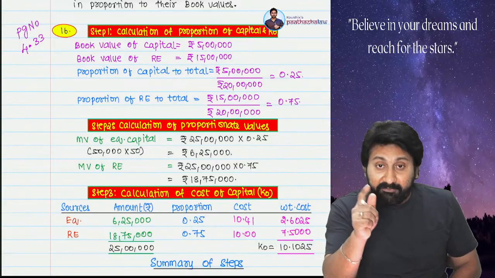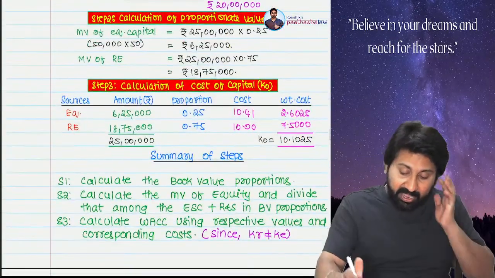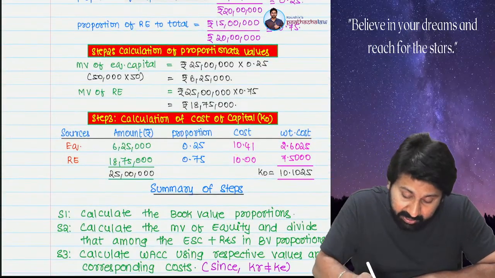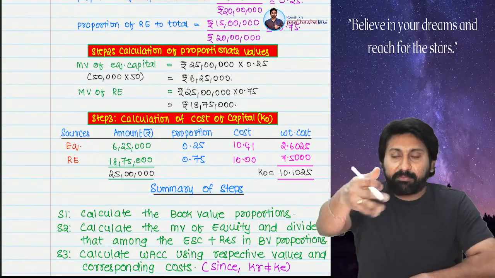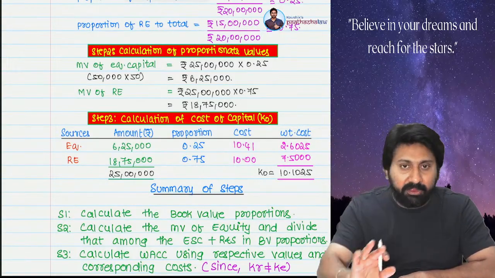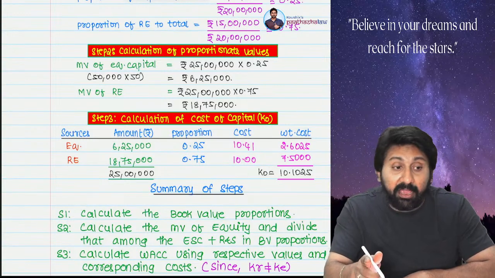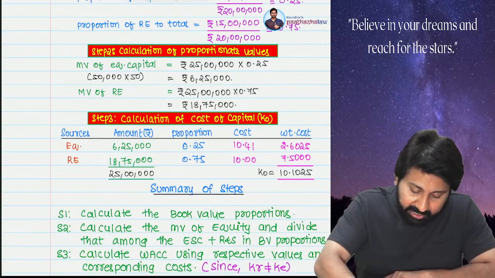But if KE and KR are not the same, like in this question. If KE and KR are both the same, directly 25 lakhs you will take, apply KE, some 10% or 10.41%, and complete. But in this question, KE and KR are not the same. In that case, first take the market value.